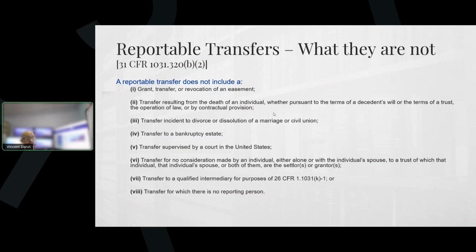That transfer into the LLC, which does not involve an AML SAR regulated lender, that would be a reportable transfer.